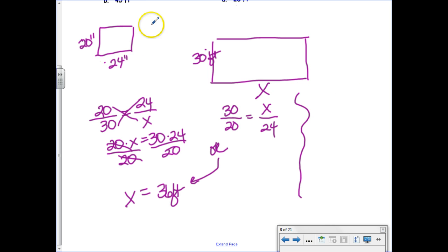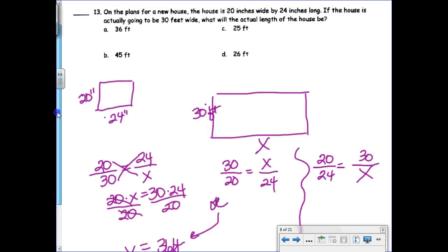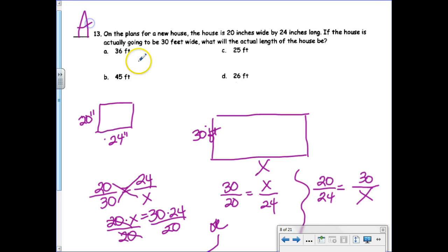So on the baby rectangle here, or the small one, you could say width is 20, length is 24. On the big one, width is 30, length is, I don't know. Cross multiply and solve. You'll get the same answer. And on this one, it should be A, 36 feet.